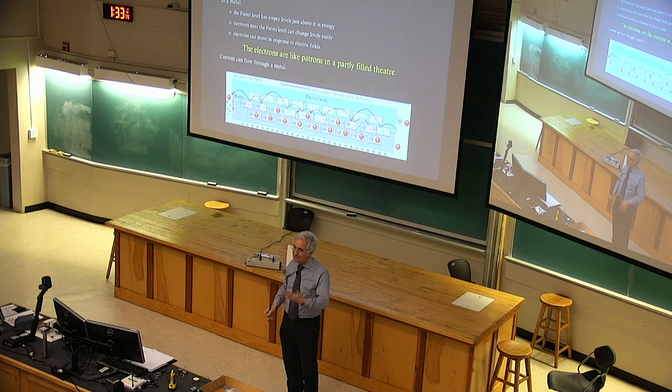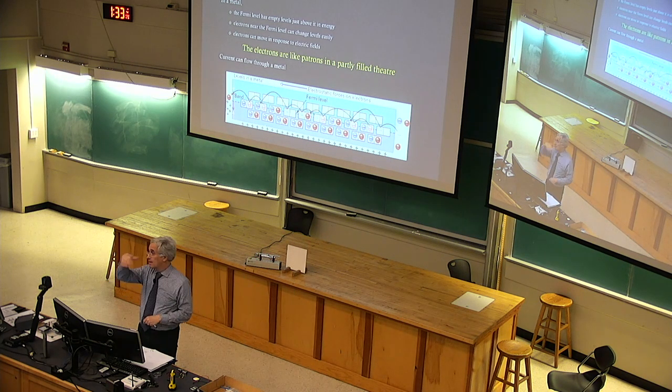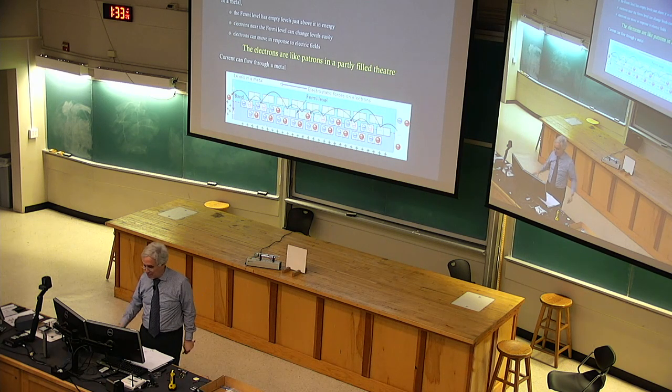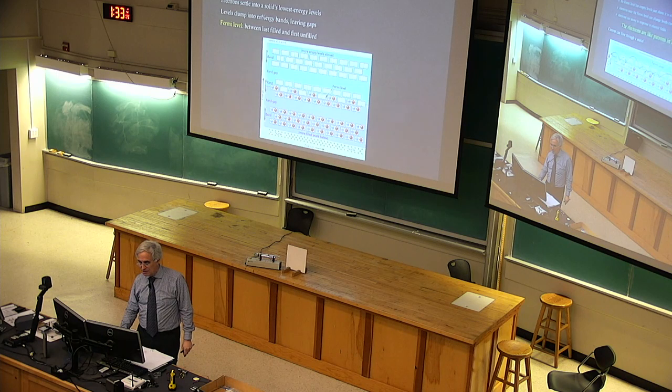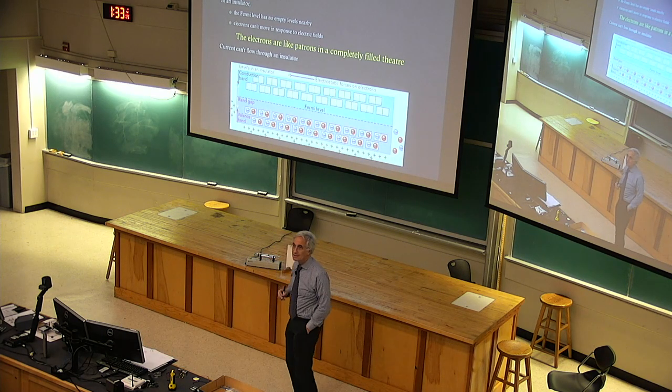It just tells you that here's where all the action is. There's an electron just below this in energy, and the next electron you put in would be just above this in energy. Is that okay? Just to name it, Fermi level. The Fermi level in a metal occurs somewhere in the middle of a band, because you haven't finished filling. In contrast, the Fermi level in an insulator occurs between bands.